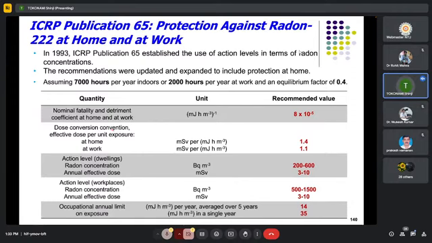Dose conversion convention, effective dose per unit exposure at home: 1.4 millisievert per millijoule hour per cubic meter. Dose conversion convention, effective dose per unit exposure at work: 1.1 millisievert per millijoule hour per cubic meter.